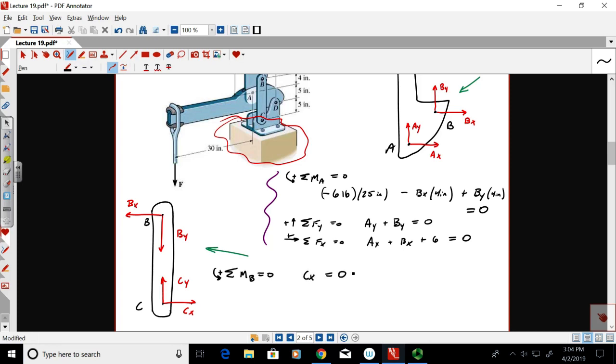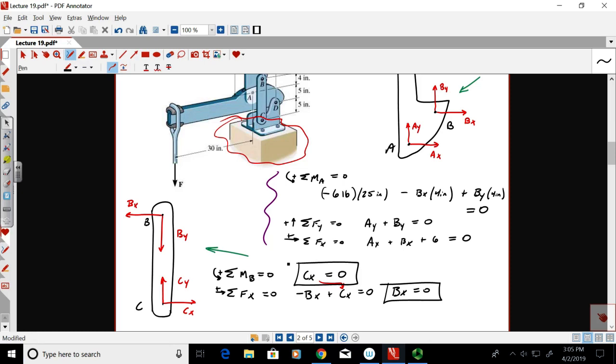Now, we could also write the sum of the forces in the x direction equals 0, which would mean minus Bx plus Cx equals 0. But we know that if Cx equals 0, then Bx equals 0. Great. So now we've solved for something.